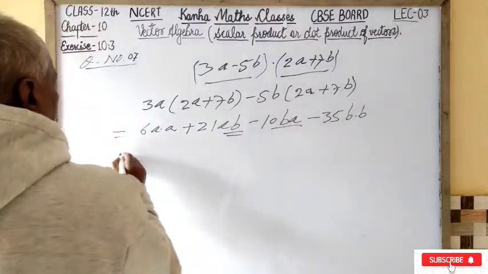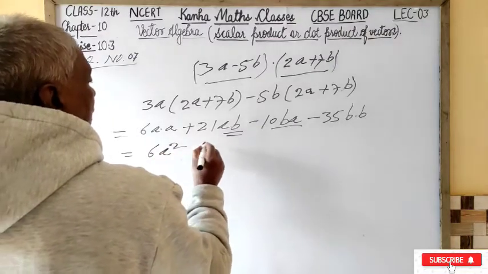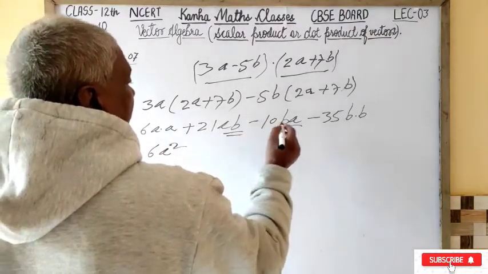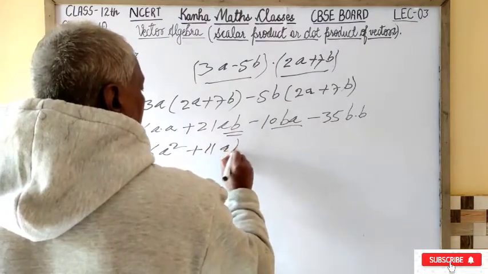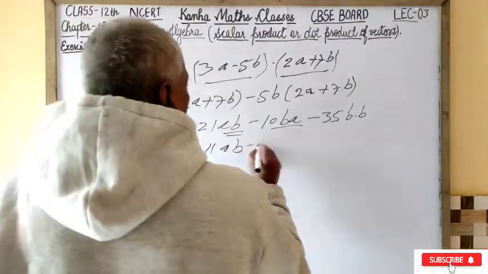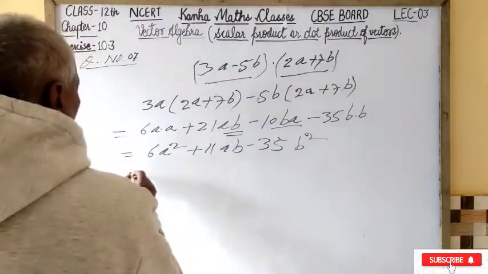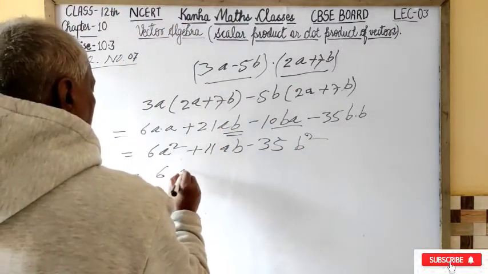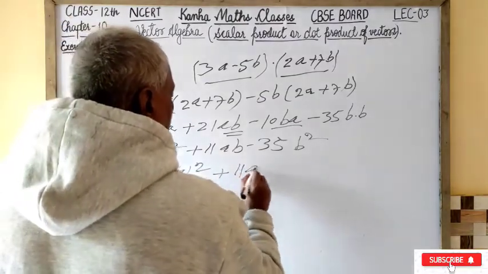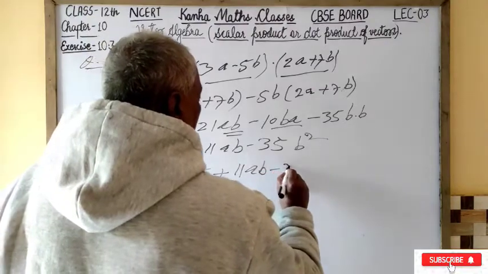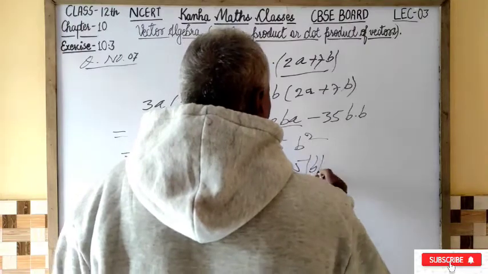So now this will be equal to 6a square plus 21 ab minus 10 ab minus 35 b square. You may write this as 6a square plus 11 ab minus 35 b square.